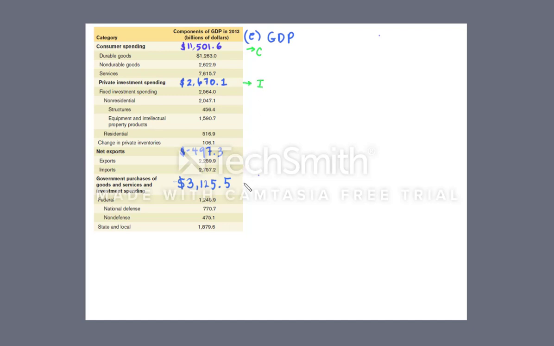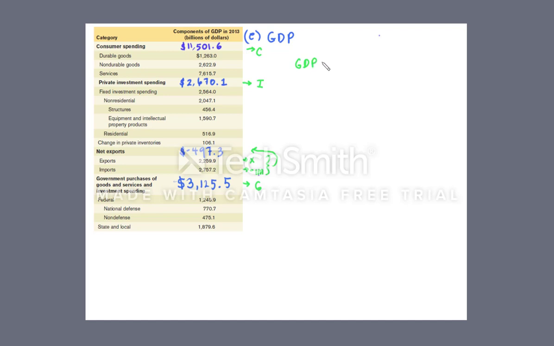We've already done this calculation, and that gives us this right here. So that's our formula for GDP: GDP equals C plus I plus G plus X minus IM. And this here in parentheses is our net exports.